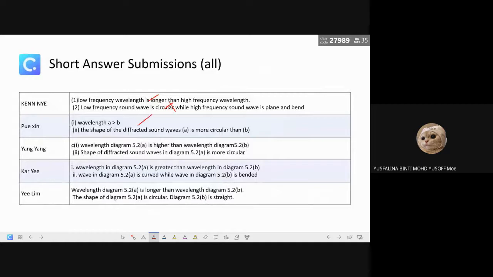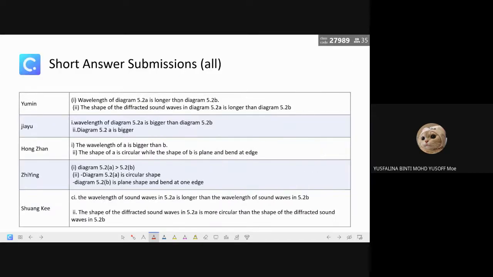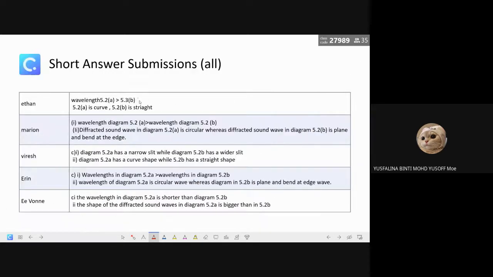Okay, correct. More curve. No, should mention... if you mention the word circular, I will accept. Curve or narrow slit? No, we compare the wavelength, not the slit.